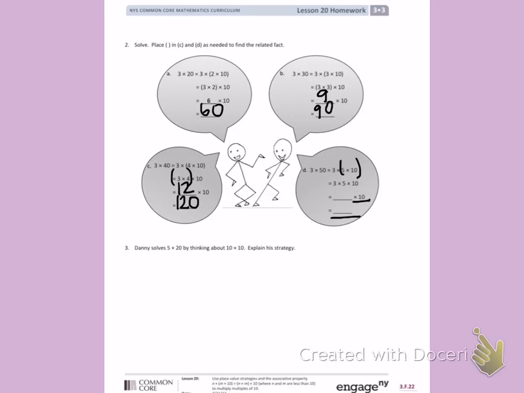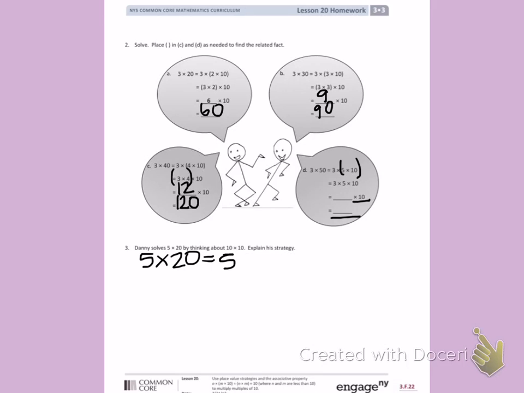Number 3, Danny solves 5 times 20 by thinking about 10 times 10. Explain his strategy. Danny is trying to solve 5 times 20, but similarly to number 2, he's breaking numbers apart.